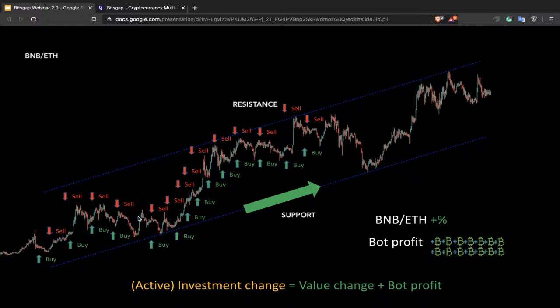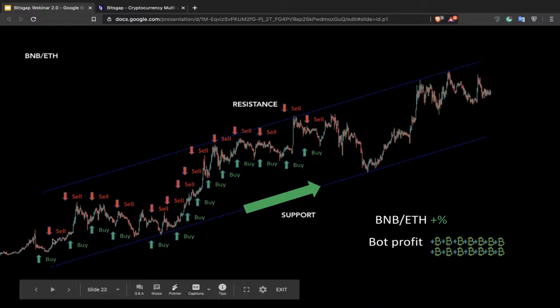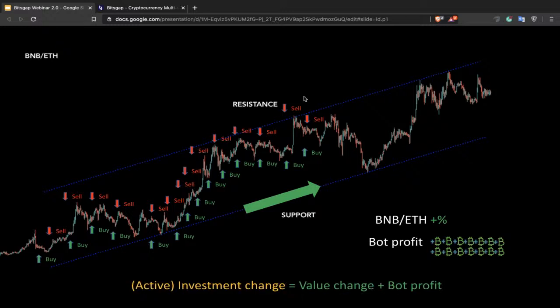But here's the idea: not only we are affected by the price appreciation, but the bot generates profits for us. It buys low and sells high, buys low, and then again it sells high. As simple as that. So that's what we call active investment change, because that's the profit maximization. We let the bot use our BNB to generate profits in Ethereum.